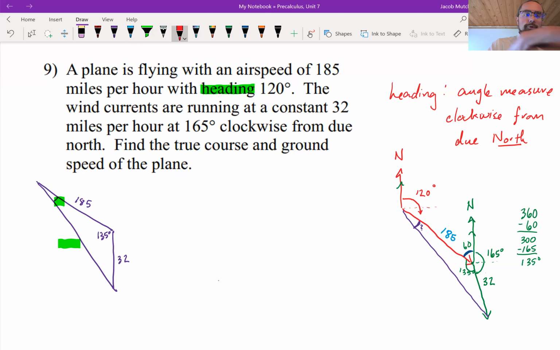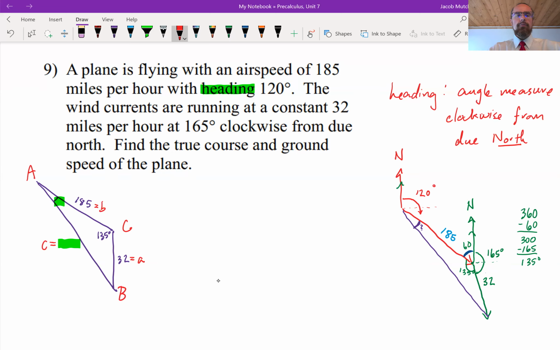So I'll label these vertices. Let's say that's vertex A, B. In fact, let me give B to this acute one, and then C. So the sides that I've got: opposite angle A is 32, opposite B is 185, and opposite C is the one I'm looking for. It's important to do this because it tells me how it fits into the law of cosines.